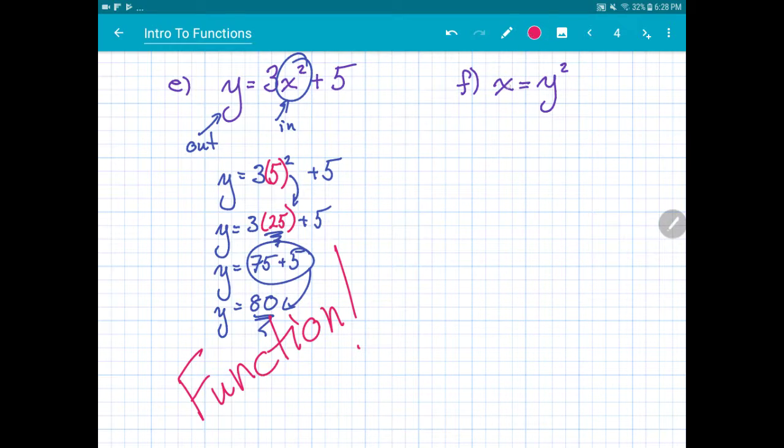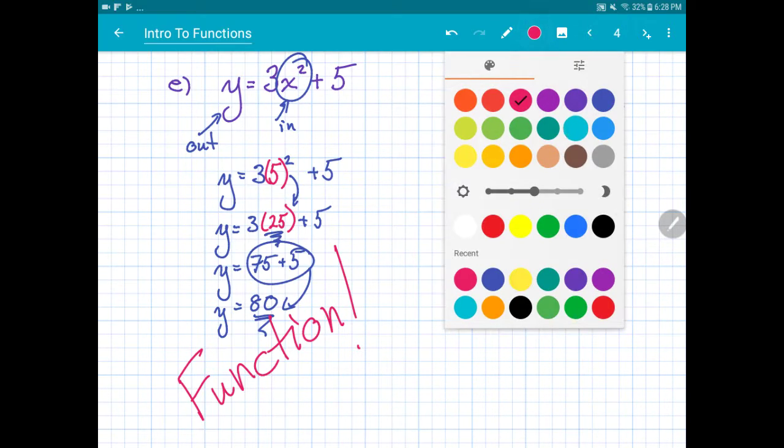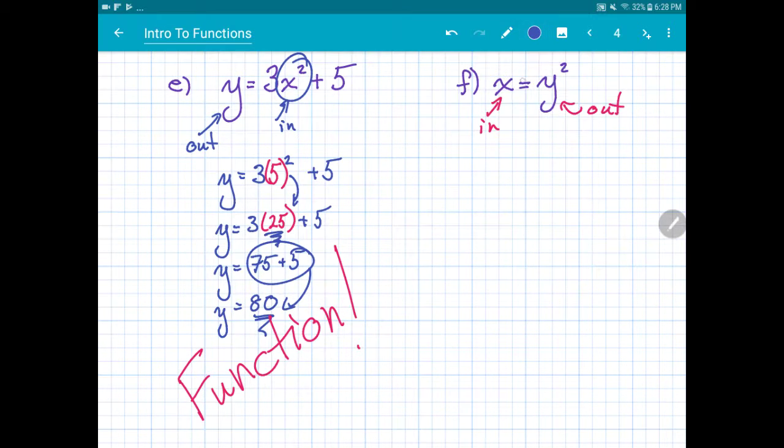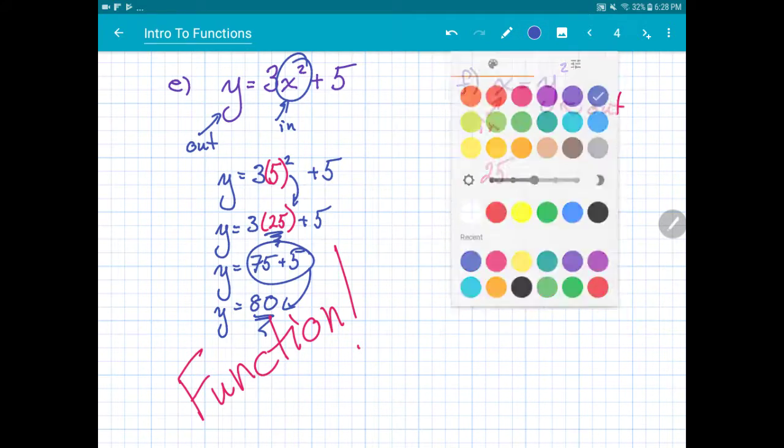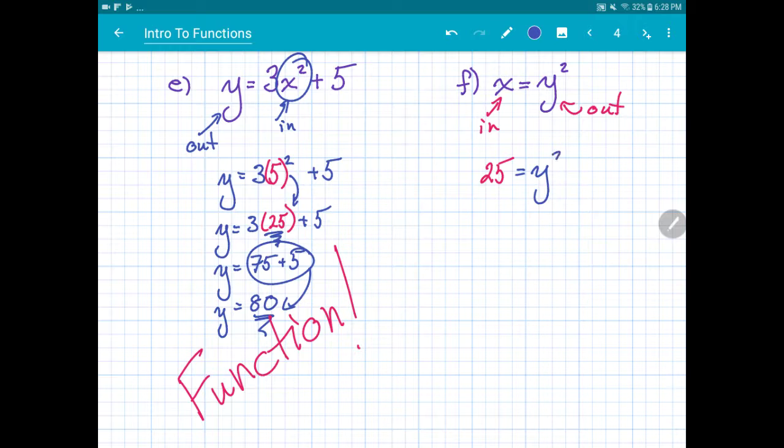Okay, let's look over here, remembering that this is our in and this is our out. And I'm just going to pick a number. Actually, let's make it 25. So if x is 25, what do we get for our output? Okay, we still have x equals y squared over here.